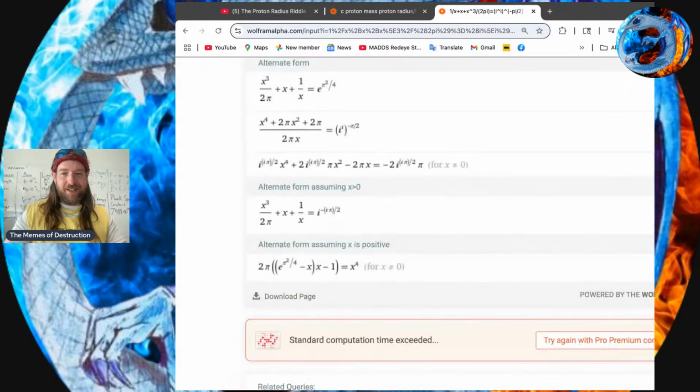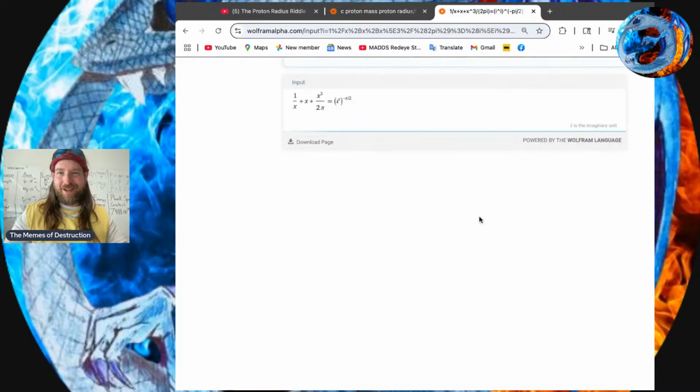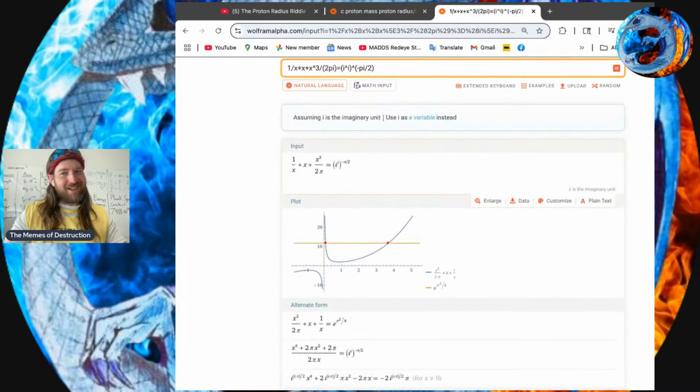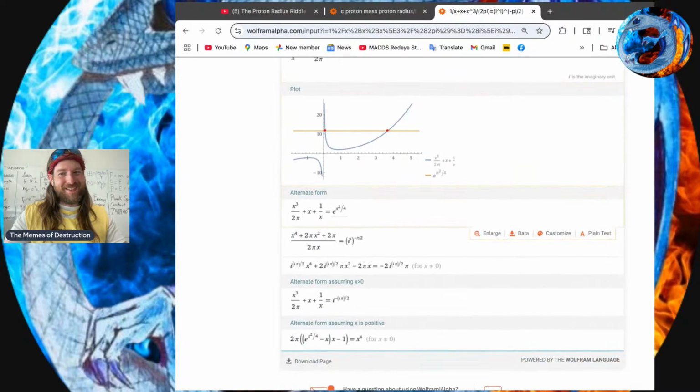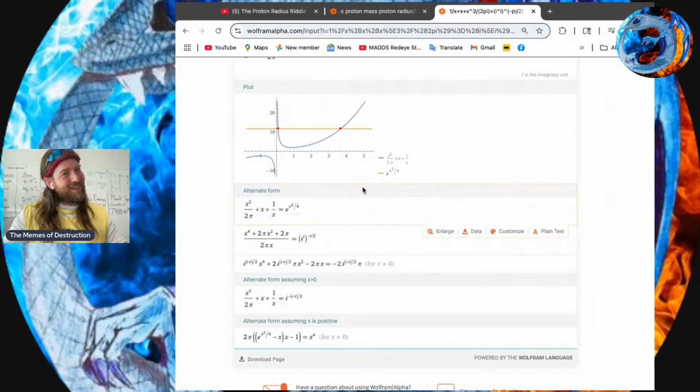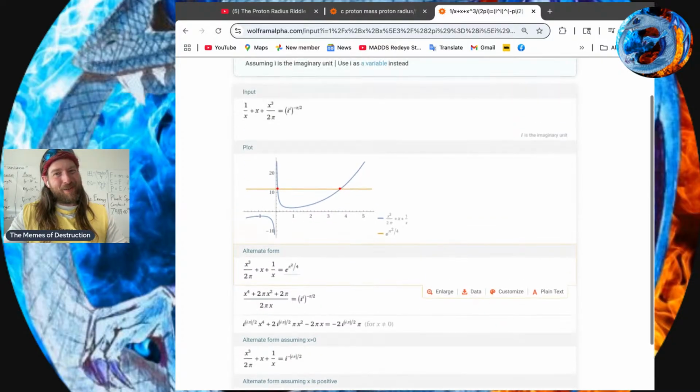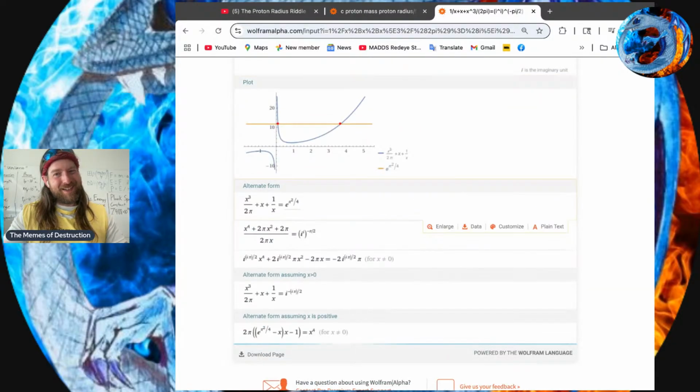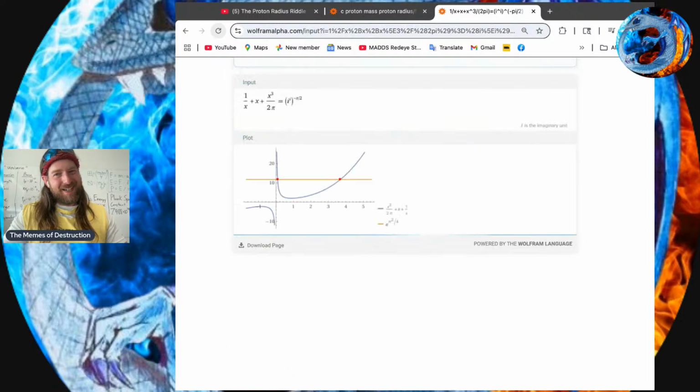So this, oh my God. Let me try with pro premium time. Oh God, is this expression too difficult? Wow, I guess the LLMs are overloading Wolfram Alpha. It normally does this for me fairly quickly. Oh, the lag is real.